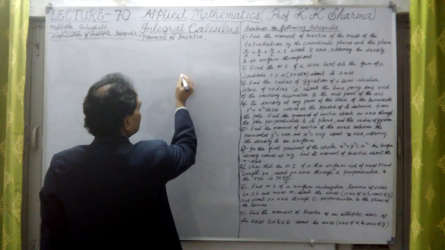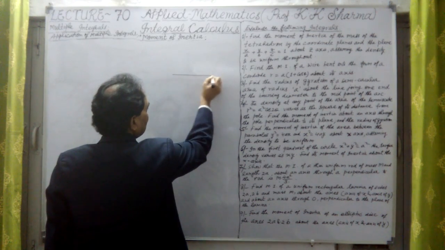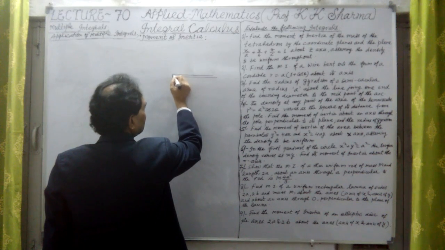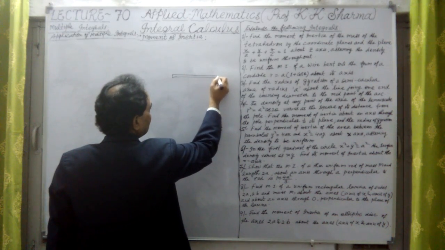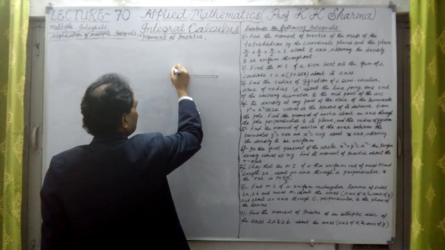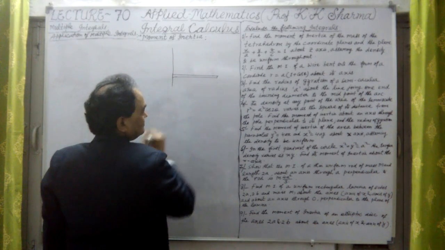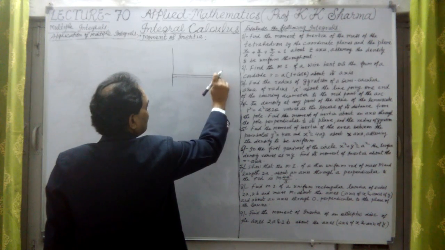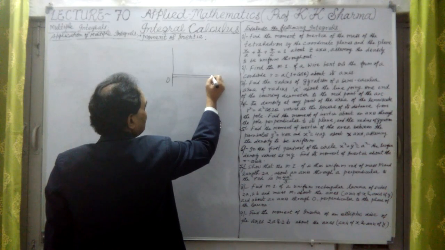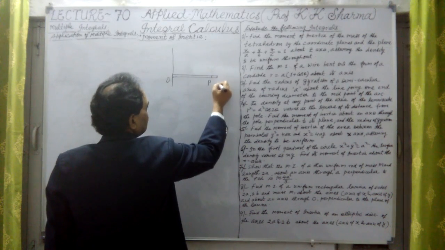So this is what? There is a rod here. Let me take this rod. Suppose this is the rod here, and this is along the axis of x. If I take this OP up to this point, and this is Q here.